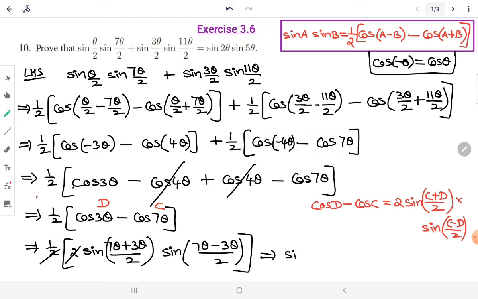So we have sin of (3θ plus 7θ) is 10θ by 2, which is sin 5θ, into sin of (7θ minus 3θ), which is 4θ by 2, nothing but sin 2θ. And this is the RHS that we have to prove. So therefore, this is the RHS.